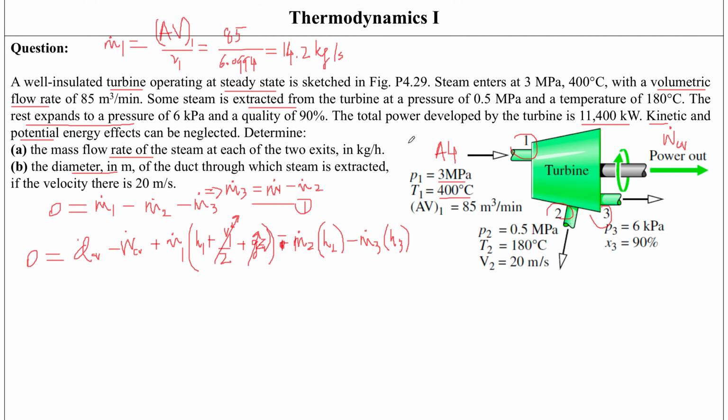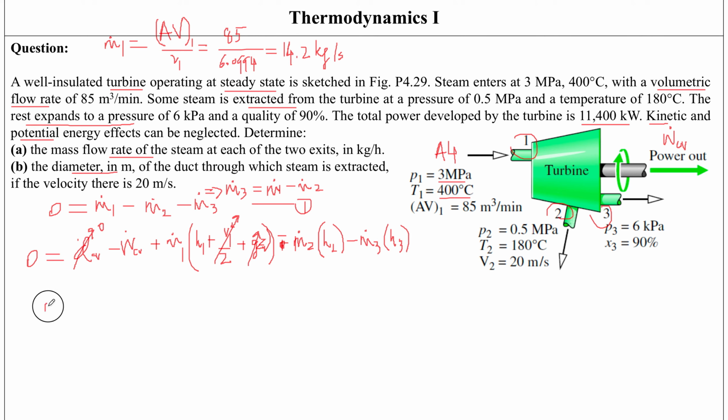What else? I've got no information given to me by which I can determine heat transfer rate, or it's not specified simply in some way like how the work done is being specified, that's why I can neglect that as well. Unless there were some values given here through which I could have found this out, then it wouldn't be 0. Okay, this goes to 0.